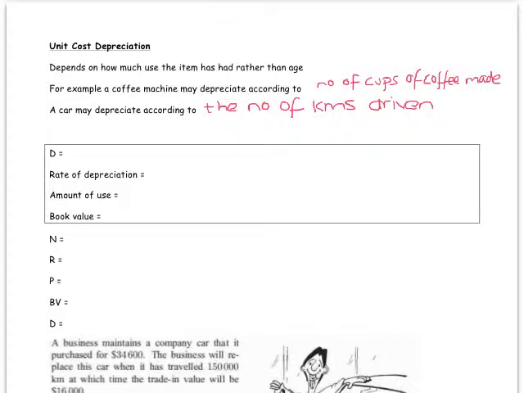So here, to find the depreciation, D is depreciation, as we would expect. Depreciation is the rate of depreciation times by the amount of use.